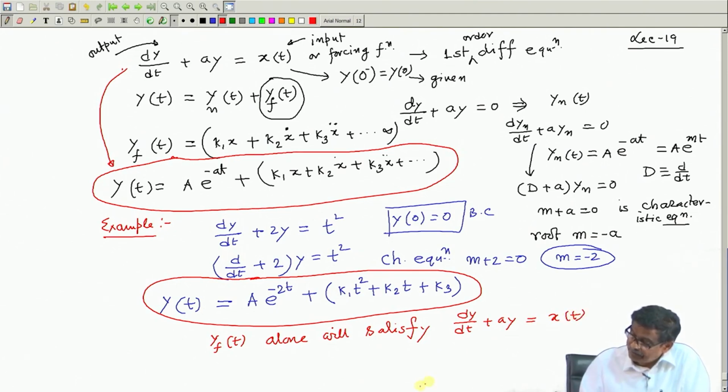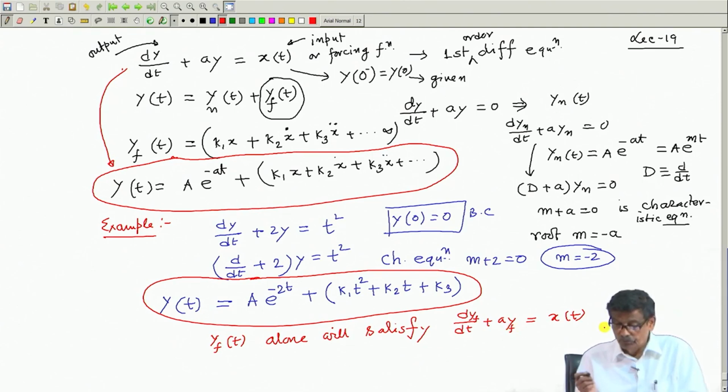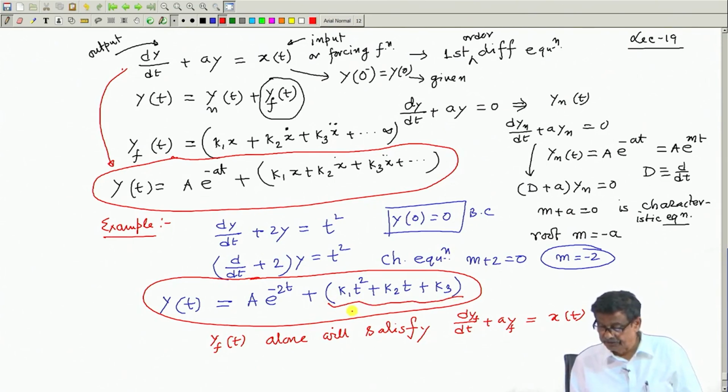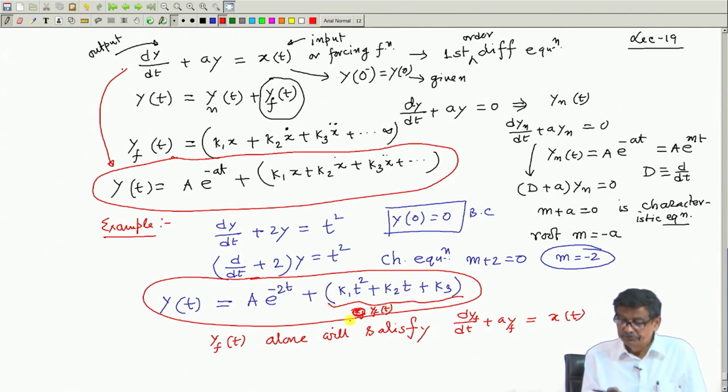It has to, because the y_n part will always give rise to 0. So this one is true. If that is true, then I will say that this part is the forcing function part, y_f(t). So, y_f(t) alone will satisfy this differential equation.